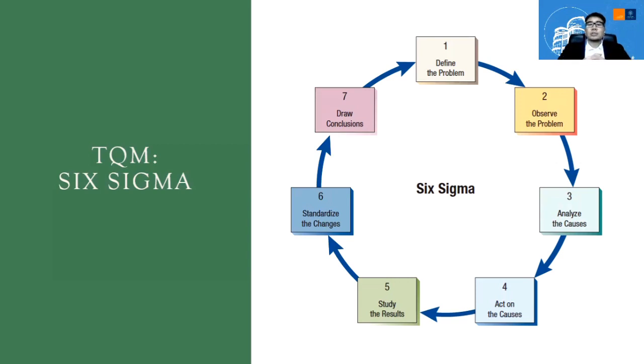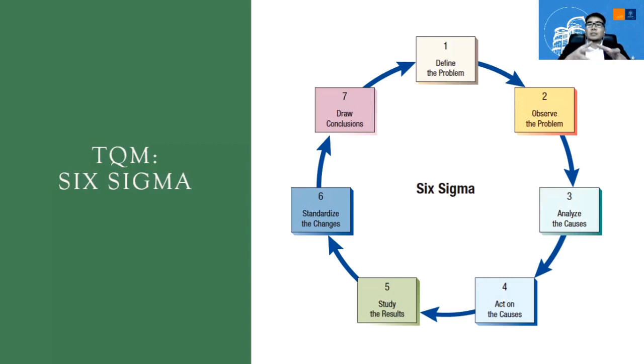Can the information system increase the quality of life of the users or even the quality of life of the company? In order to achieve total quality management, one approach is by using Six Sigma. Six Sigma includes defining the problem, just like previously we have discussed in the analysis part.